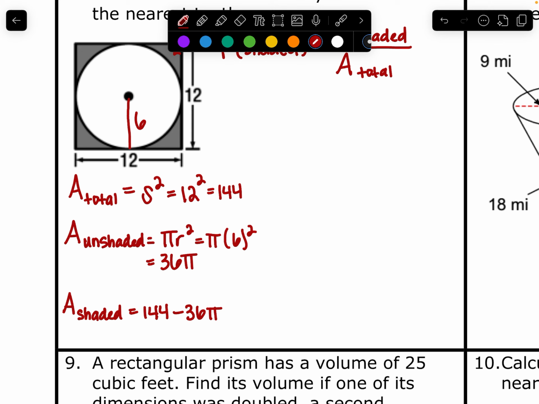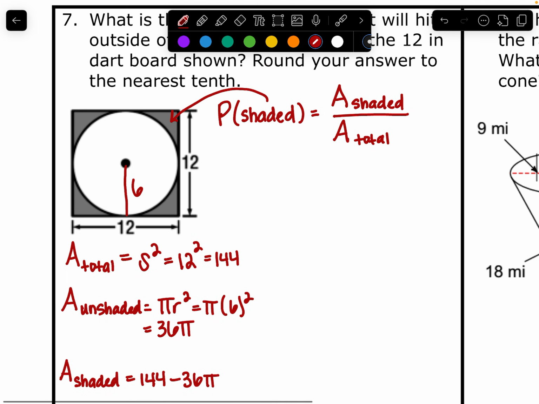All right, so that is what we're going to put up here. You can put it in your calculator to get the decimal if you want. I just didn't feel like going back and forth. And then put that over the total area.